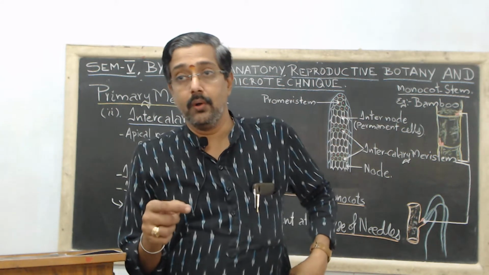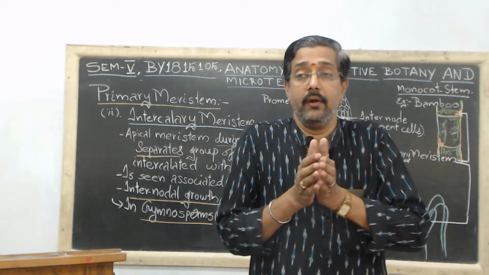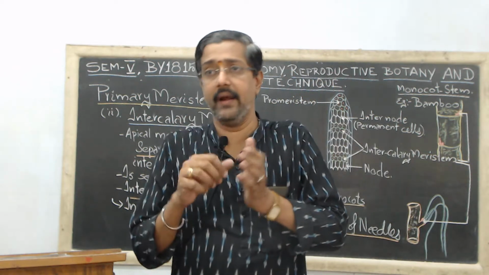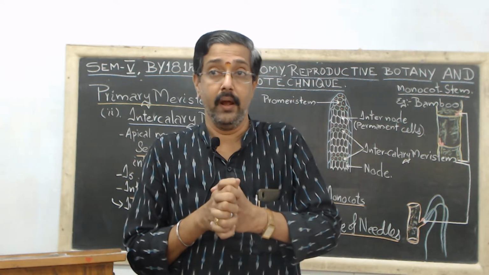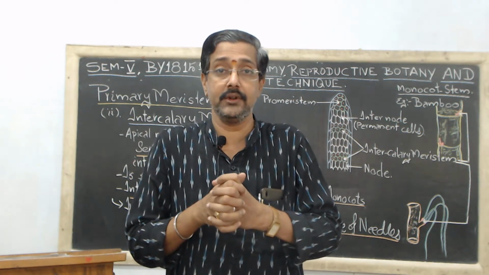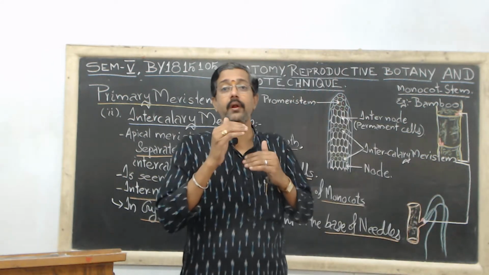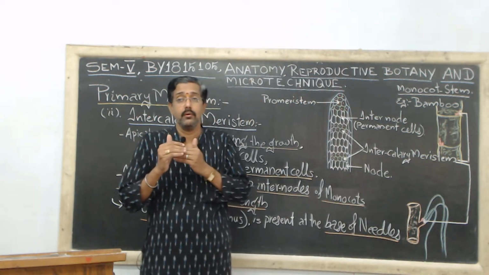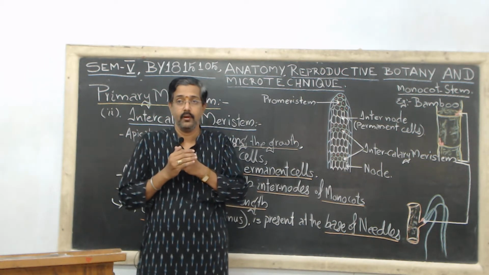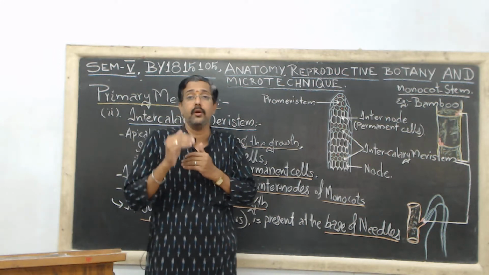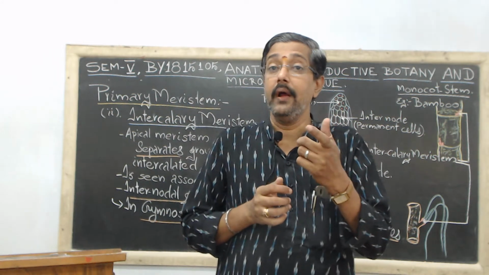In a shoot or a stem, we can see the leaf arises from where? The nodal portion. Leaves and branches arise from the nodal portion, and the area in between two junctions in a stem does not produce any leaf or branches, which is called the internode.